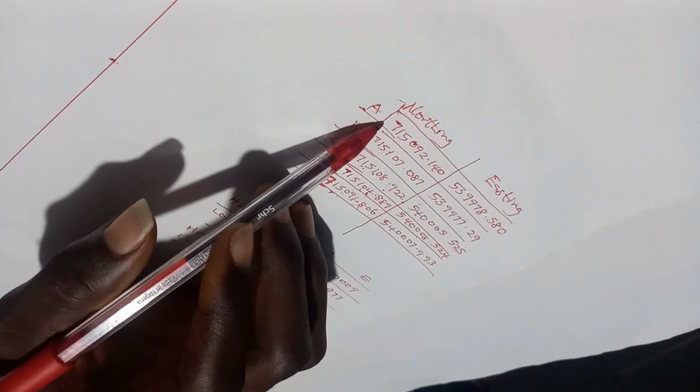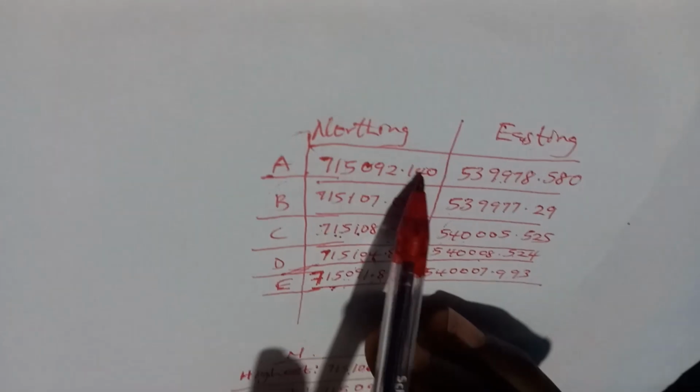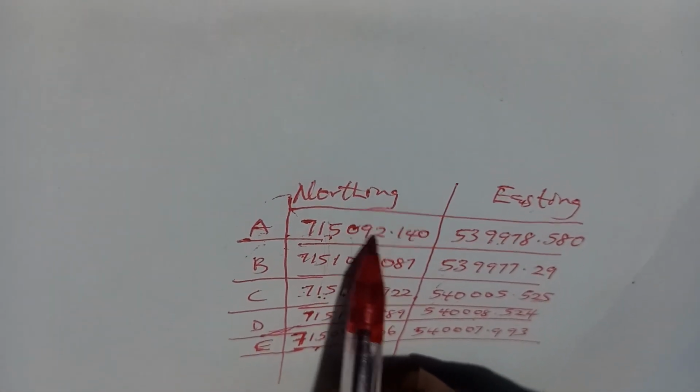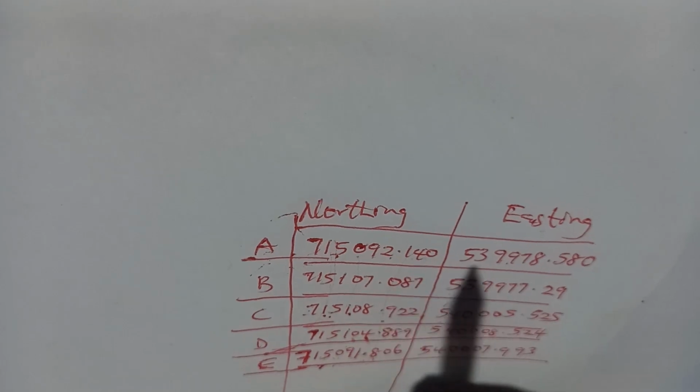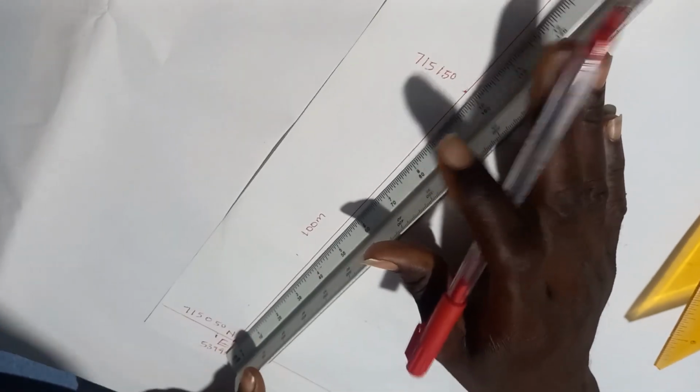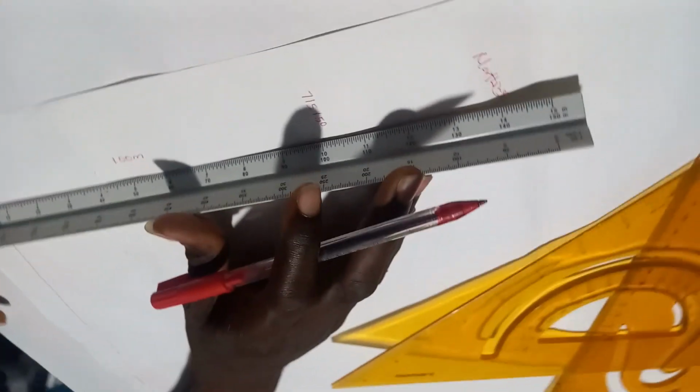Coming back to our coordinates for our starting point, which is A. Under the northing we have 715,092.140. So what you simply do is place your scale rule to the point, using the same measurement that you used at first.